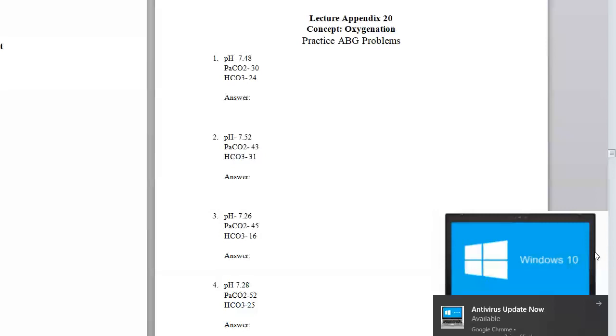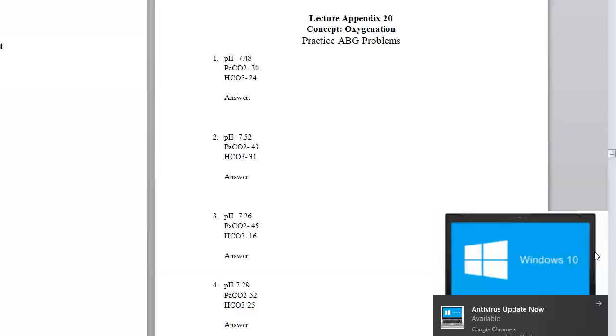Our PaCO2 is within 35 to 45, still in the normal range, even though it's high normal. And then our bicarb is 16, which is below 22, going to the left on the scale. So the answer is metabolic acidosis.